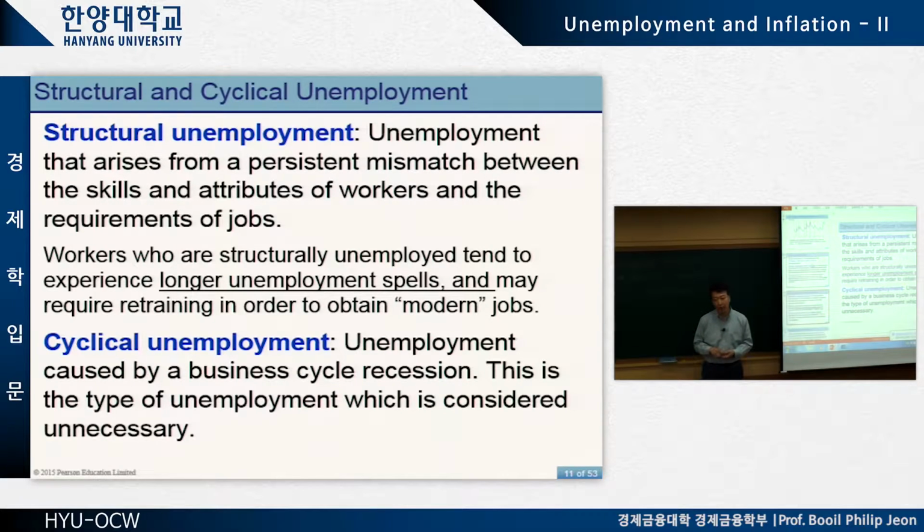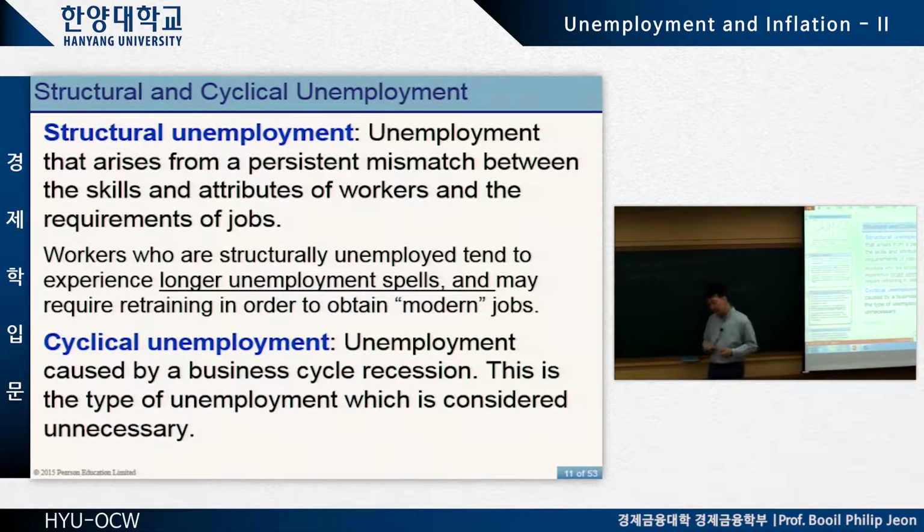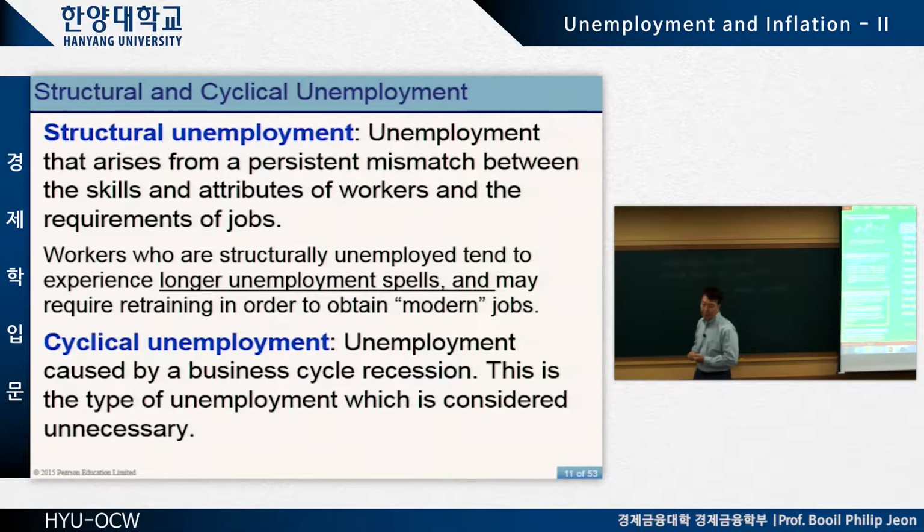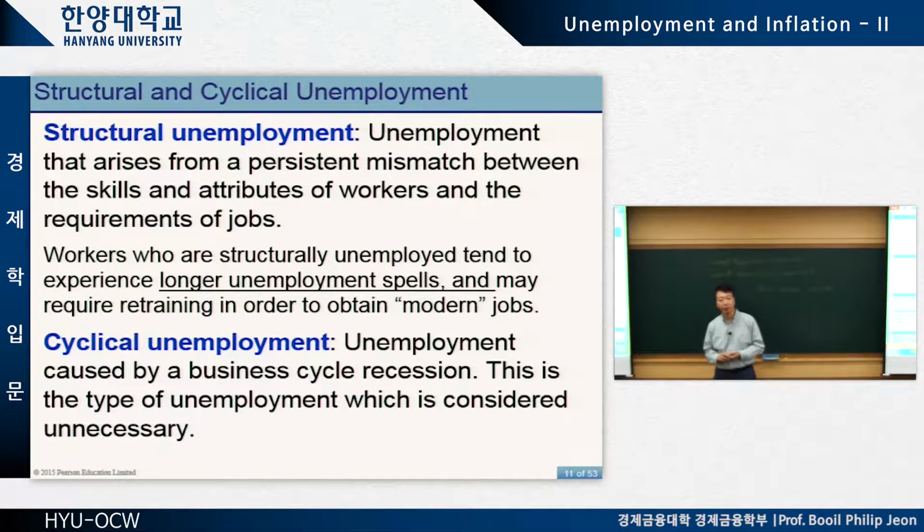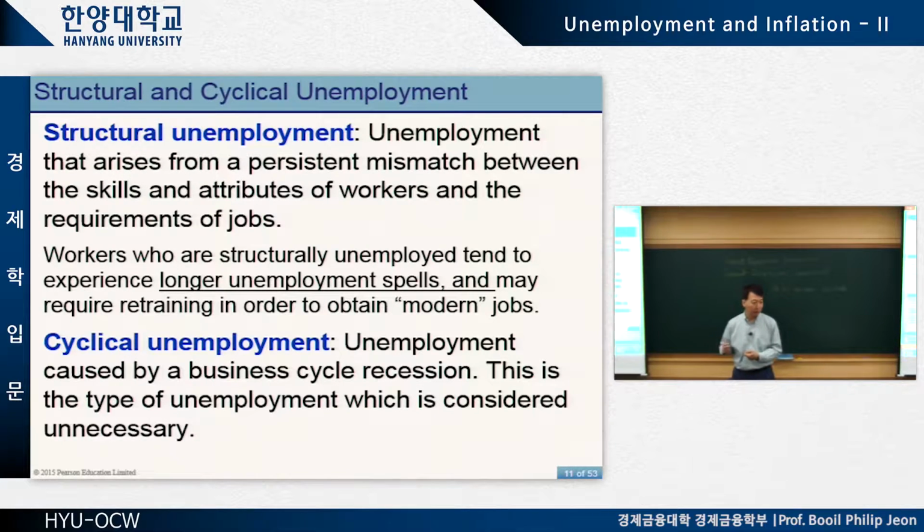Because the very important characteristic of this structural unemployment is that once these jobs are lost, they never come back, because it is related to technological advancement. Once the technology advances, it never retreats, it never goes back.